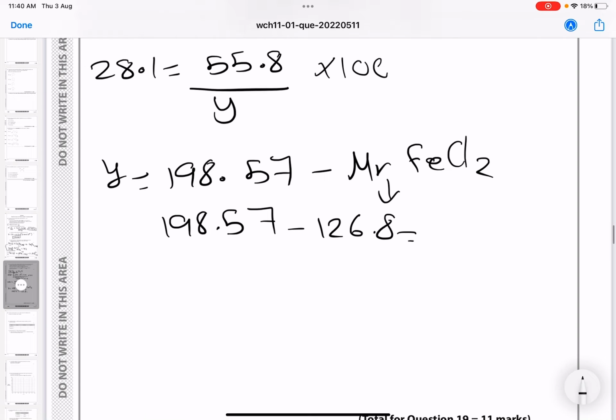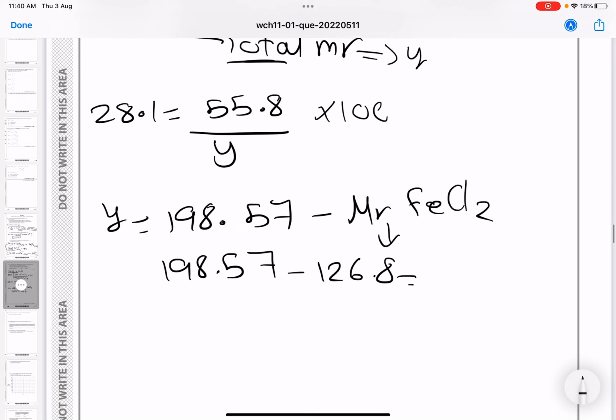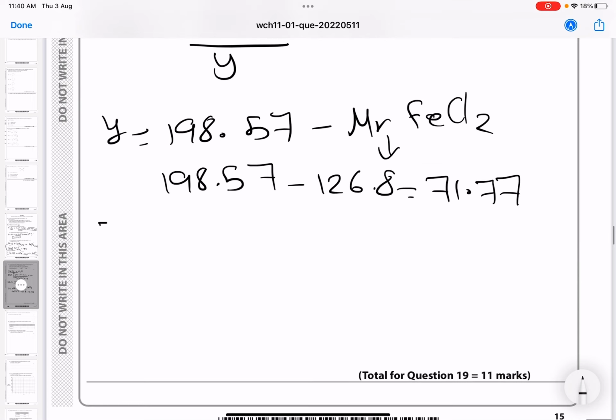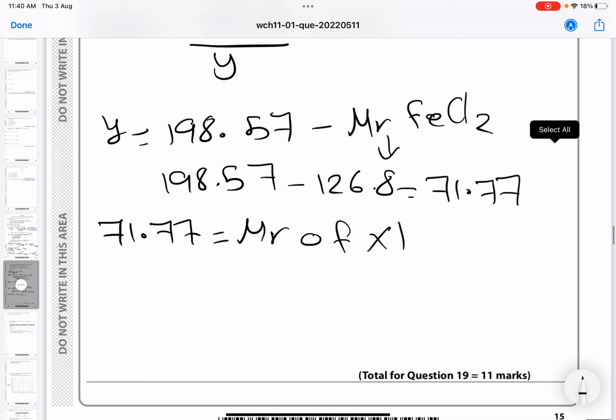If we subtract them, we get 198.57 minus 126.8 equals 71.77. 71.77, guys, is equal to the Mr of xH2O, of the whole water.